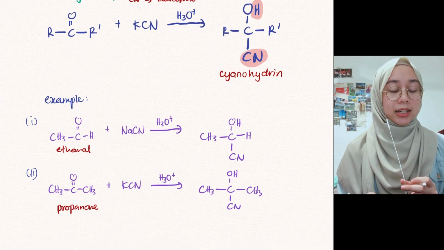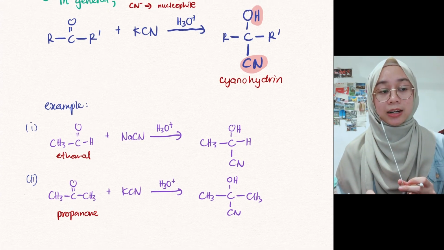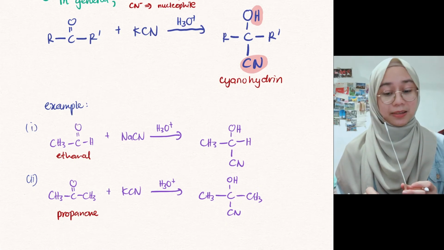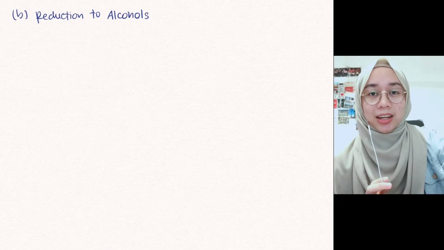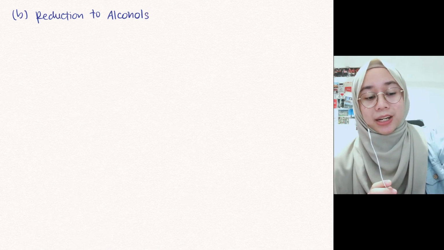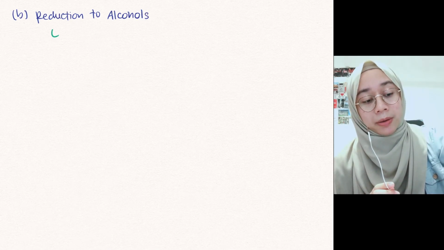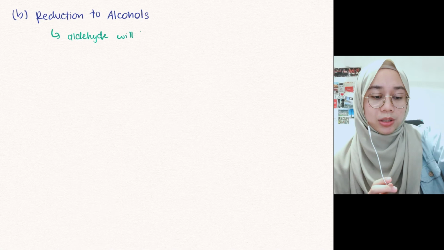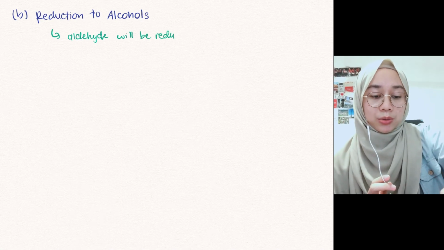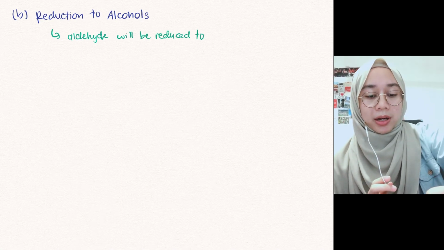Okay, and then now last kali kita just nak tengok untuk reaction yang reduction pula. So now we are going into the reduction to alcohols, okay, whereby kalau aldehyde, aldehyde will be reduced to primary alcohol.